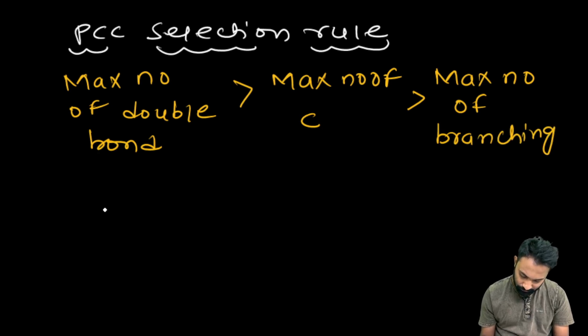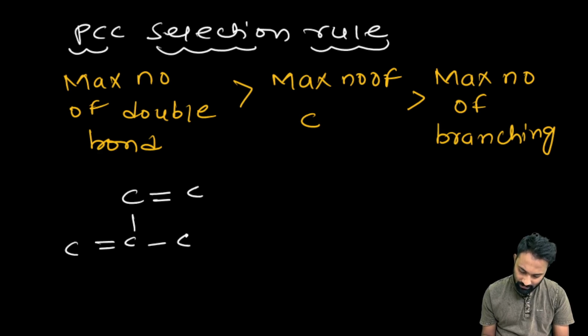Now you see what it means. Suppose carbon double bond carbon and carbon double bond carbon, and here a carbon, here a carbon, here a carbon are given. Clear? What I said: the maximum number of double bonds is the high priority for the parent carbon chain.